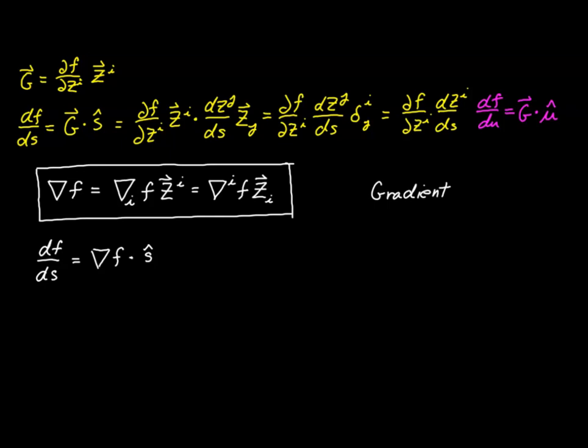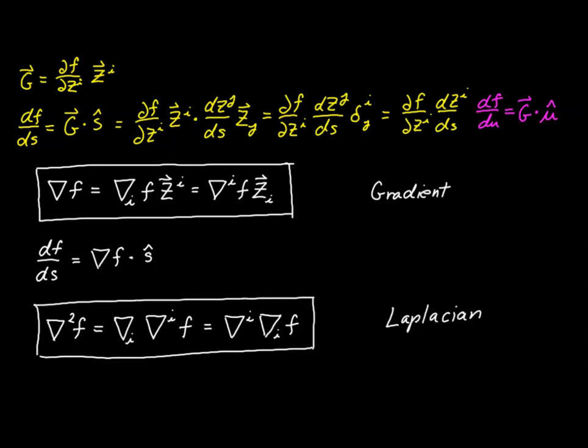Now I'm going to define yet another function that is closely related to the gradient. We call this operation the Laplacian. Now the Laplacian is nothing more than a scalar function that is the divergence of the gradient. If you look closely here, this expression is just the contravariant vector component of our gradient.